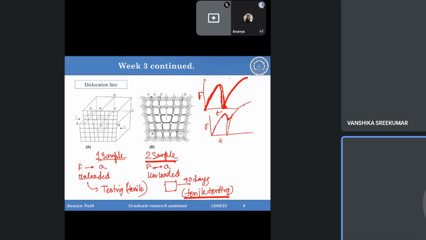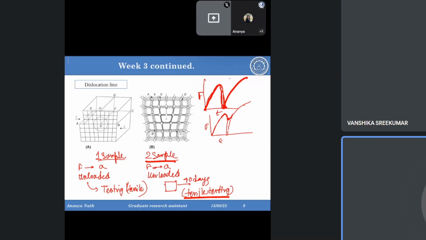So aging has two important things. One is, aging means the solute atoms are restricting the dislocation movement, and due to which the hardness is increased. Do you understand why the solute atoms are restricting the movement of the dislocation, and the hardness is increased?